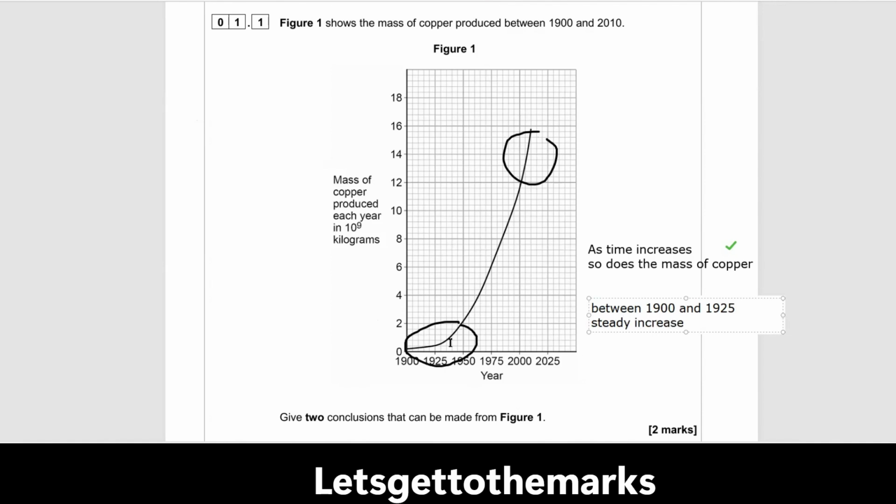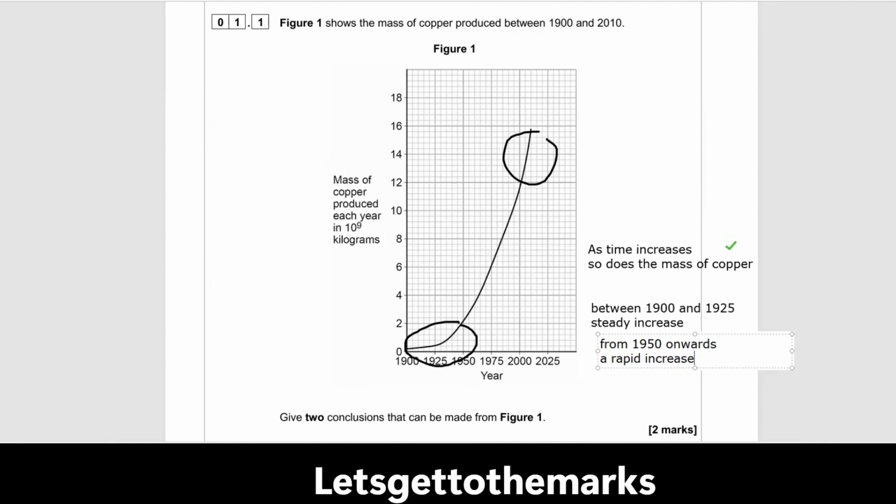Now, I could say between but I'm just going to go here, 1950 to the present day. From 1950 onwards, there's a rapid increase from 1950 onwards. Oh my gosh, can't spell onwards, a rapid increase, right?